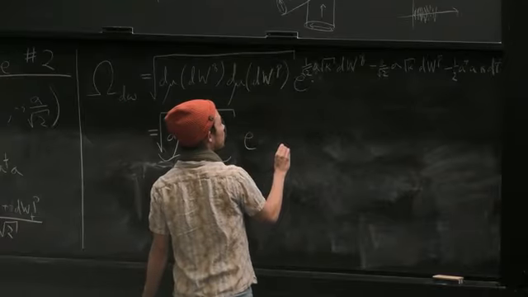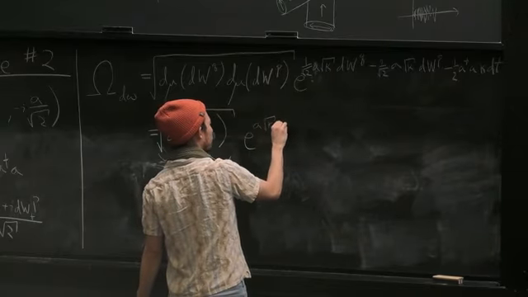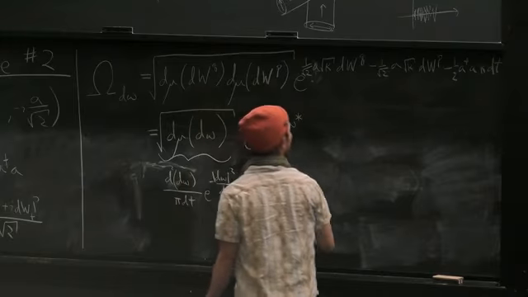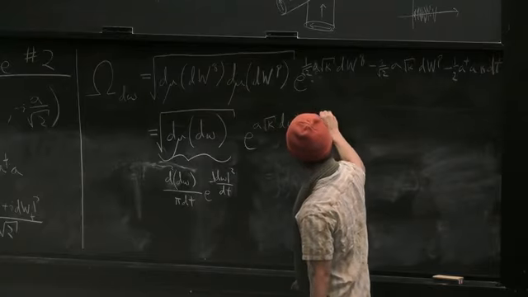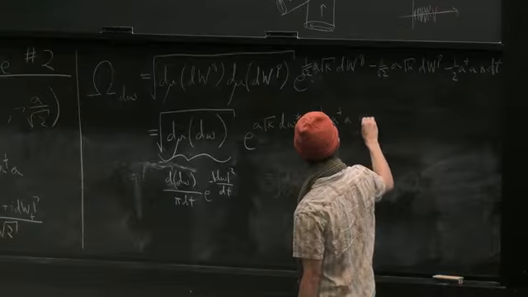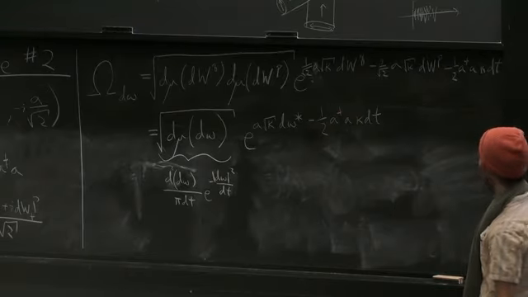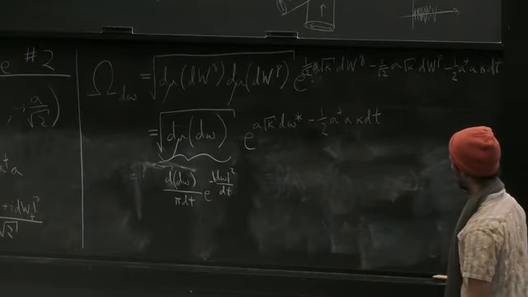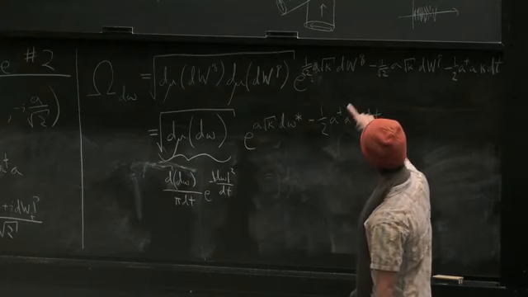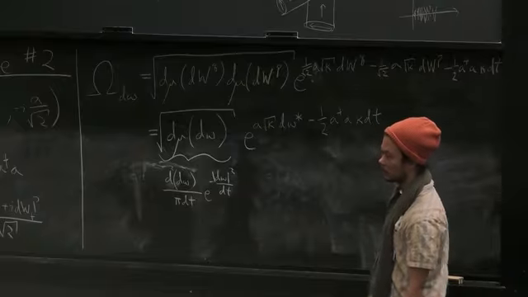E to the, so now this guy I can just write as a root kappa d omega complex conjugate. Okay. Is everybody okay with that? So the real and imaginary parts can be thought of as two Wiener increments corresponding to two different Lindblad operators.